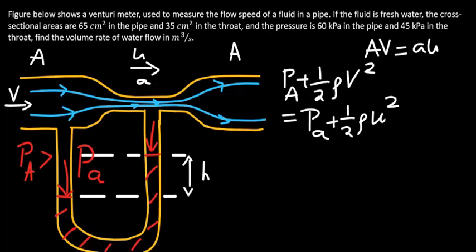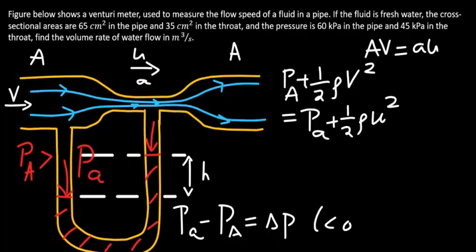So that is Bernoulli's theorem applied to the system. Let's assume that P little a minus P capital A is delta P. Now we know this delta P is a negative number, since P capital A is greater than P little a.